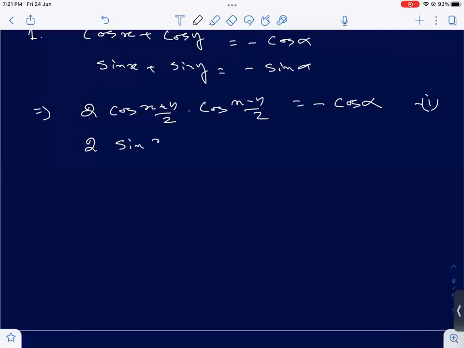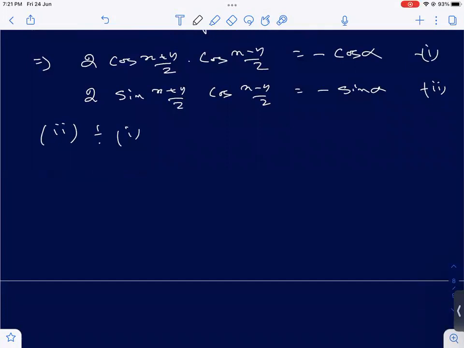So 2 sin (x plus y) by 2 into cos (x minus y) by 2 equal to minus sin alpha. Number 2. So just divide now, 2 by 1. Dividing 2 by 1, we are getting 2 by 1. So I just have to write some part.